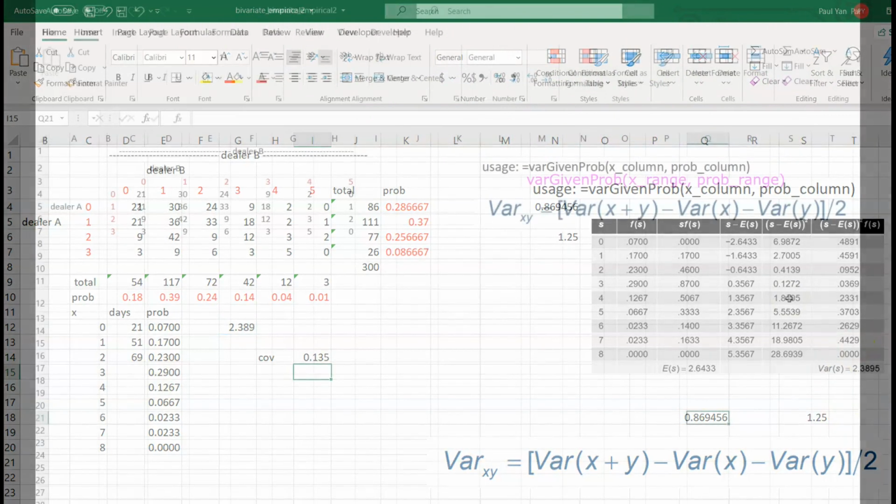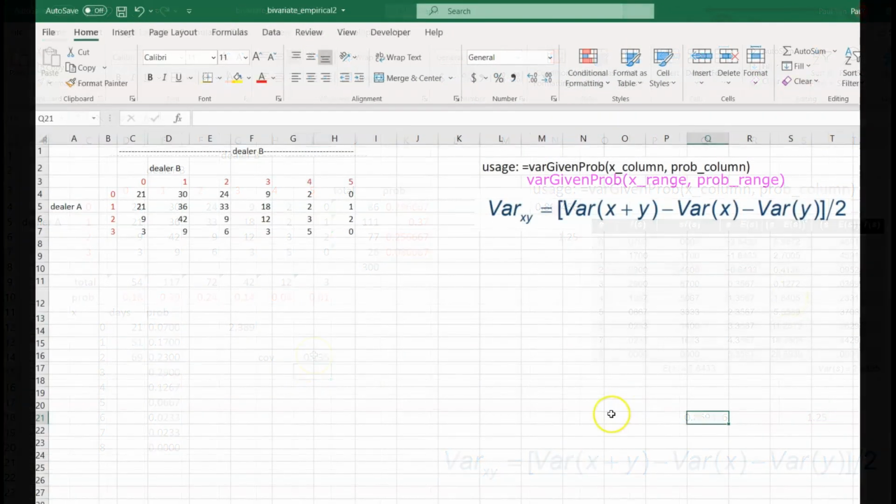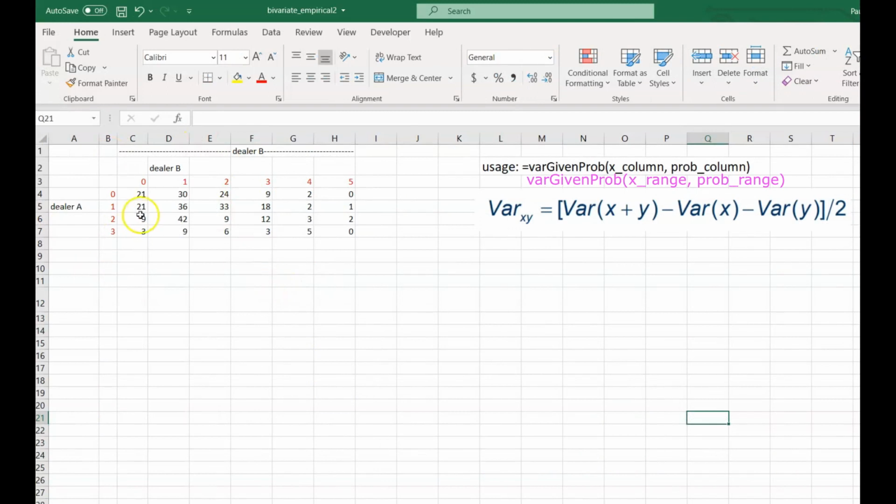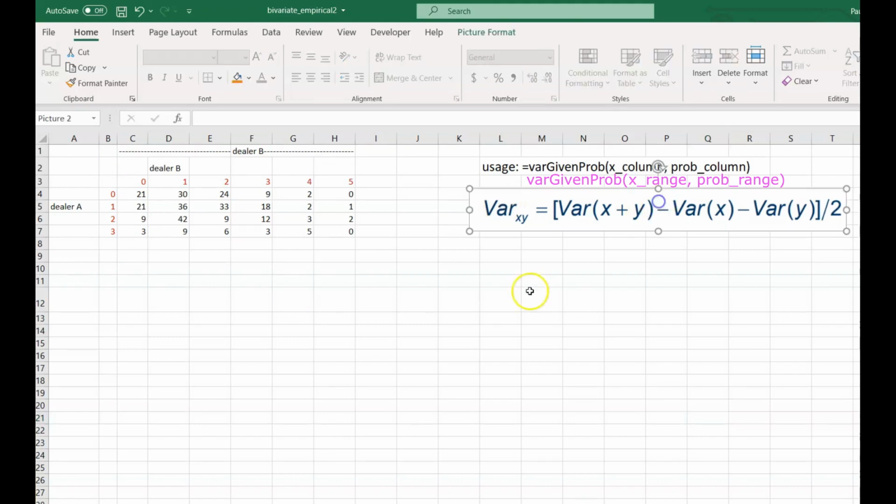I'm going to show you a better solution than the case offered in the textbook. Again, we apply this formula: the covariance between x and y equals variance of x plus y minus variance x minus variance y, and the result divided by 2. And I'm going to use my VBA function, variance given probability.